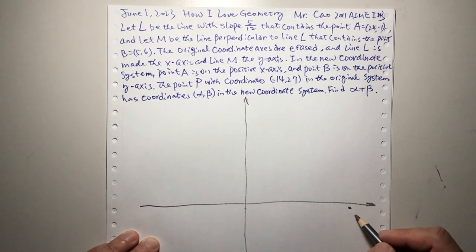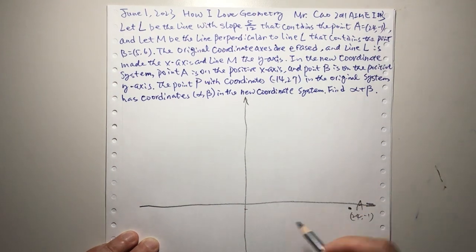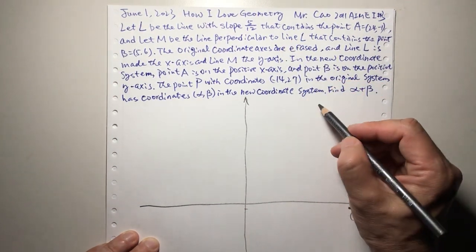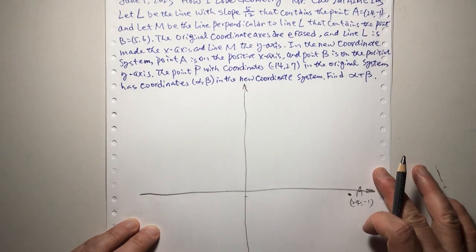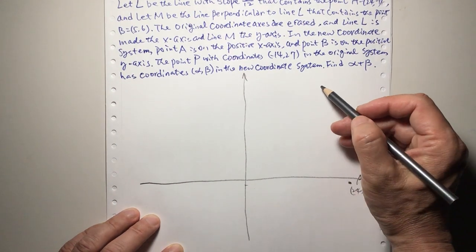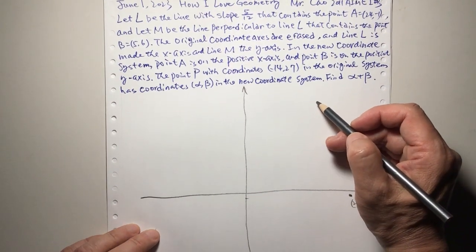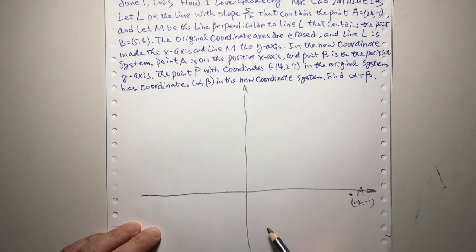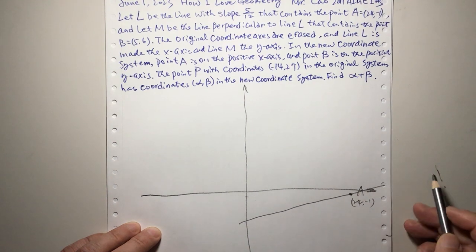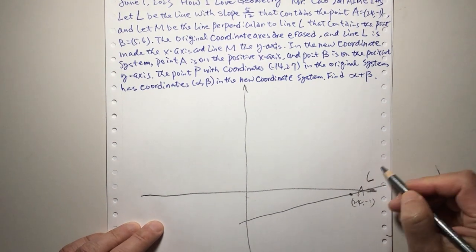So here is (24, -1), we call it point A, and the slope is 5/12, right? It is close to 1/2, so the line goes almost this way. Okay, that's line L.